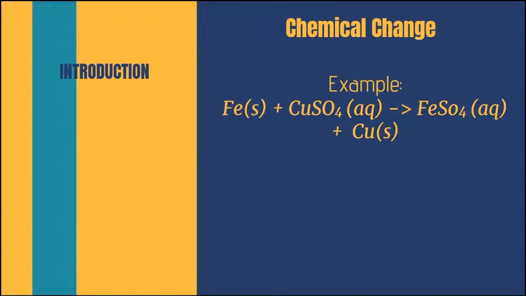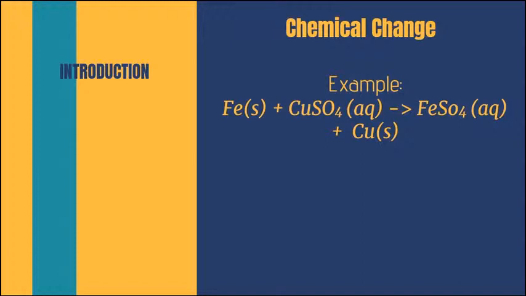You might be wondering what the small letters in the brackets beside the formulas are. S represents solid, Aq represents aqueous, meaning that the molecule is aqueous, so FeSO4 is aqueous and Cu is again solid. The things inside the brackets tell us the state of that material.